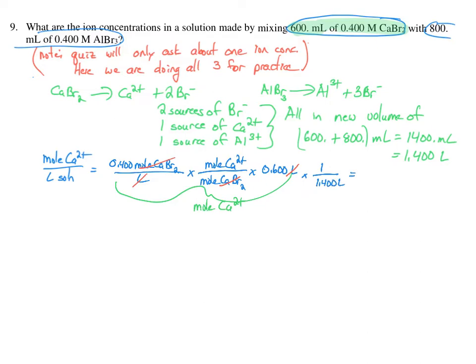So we churn through all these numbers and we get a result of 0.17143 moles per liter. Now with justifying 3 sig figs, that's equal to 0.171, and this is for calcium, moles calcium 2 plus per liter.